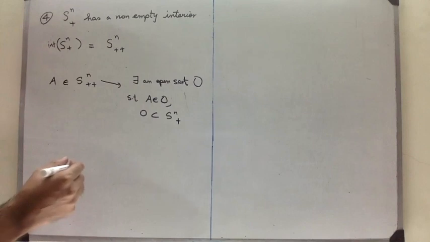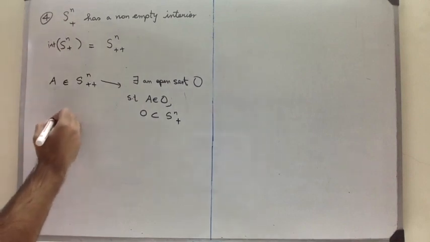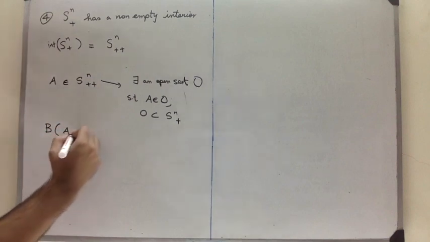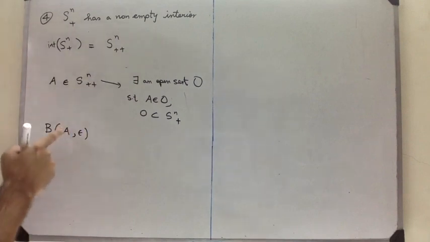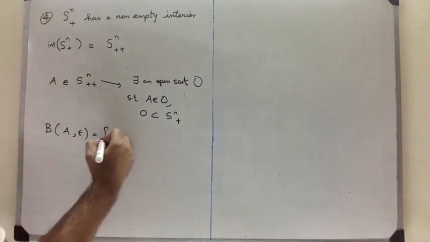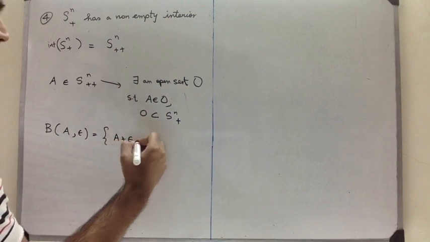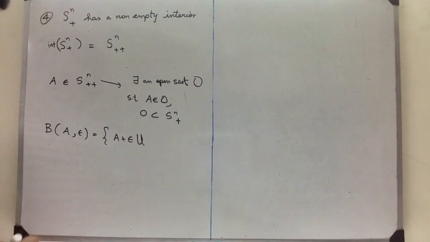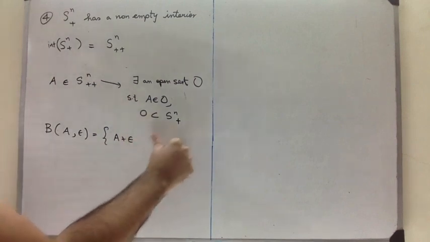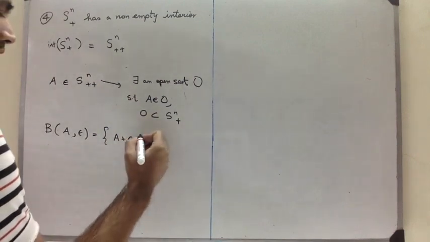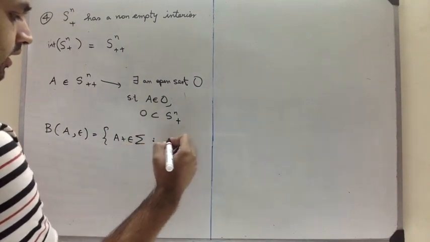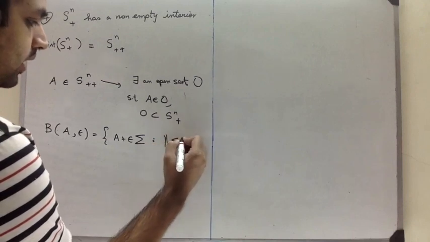When we discussed the norm balls, we discussed this particular characterization of a norm ball. A ball of radius epsilon centered at A is the set of all A plus epsilon sigma such that norm sigma is less than 1.